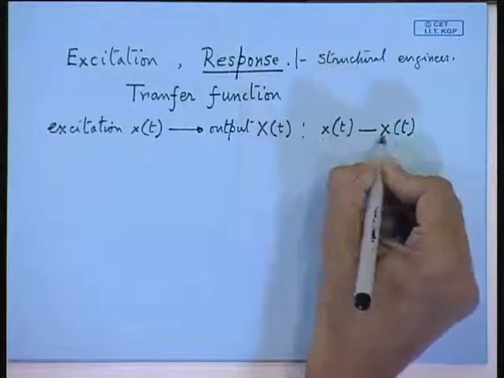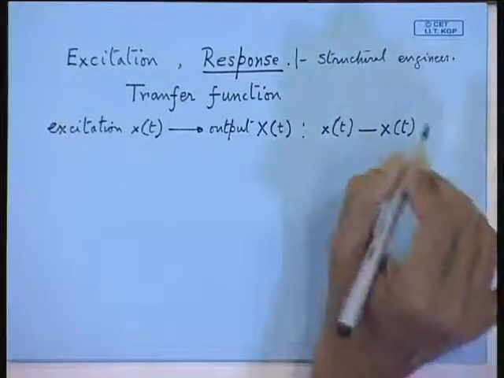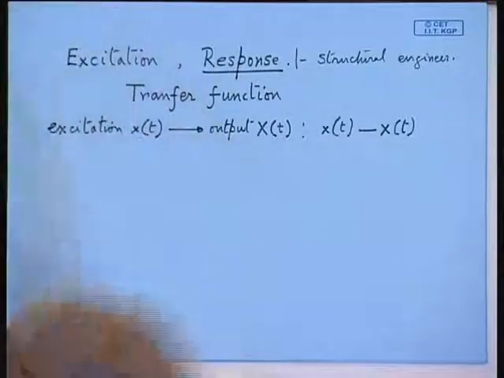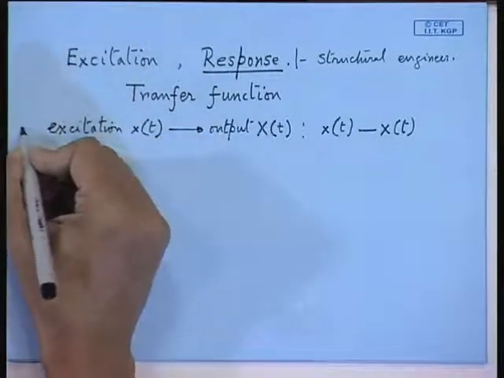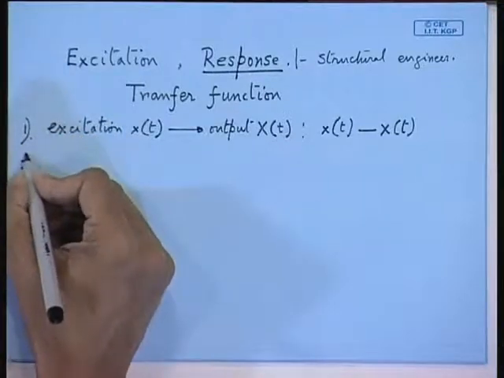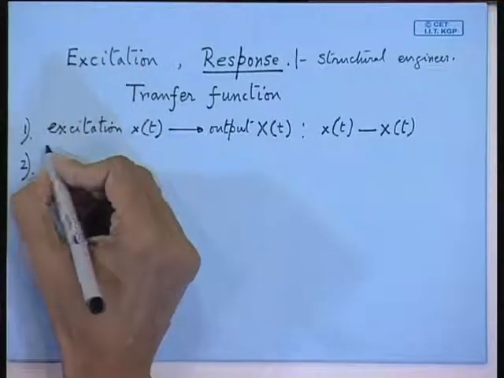Now, this is small x and this is capital X. I am writing this. Let us say this is one wave. So number one excitation. Now, number two excitation you write from another wave.